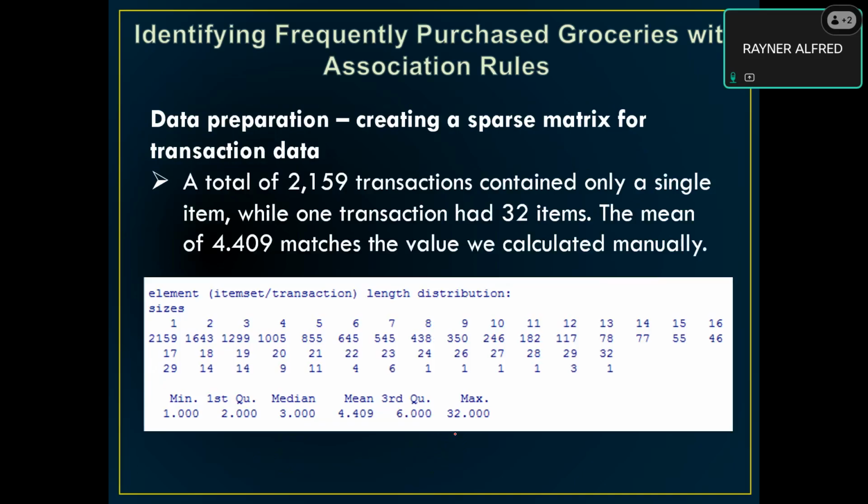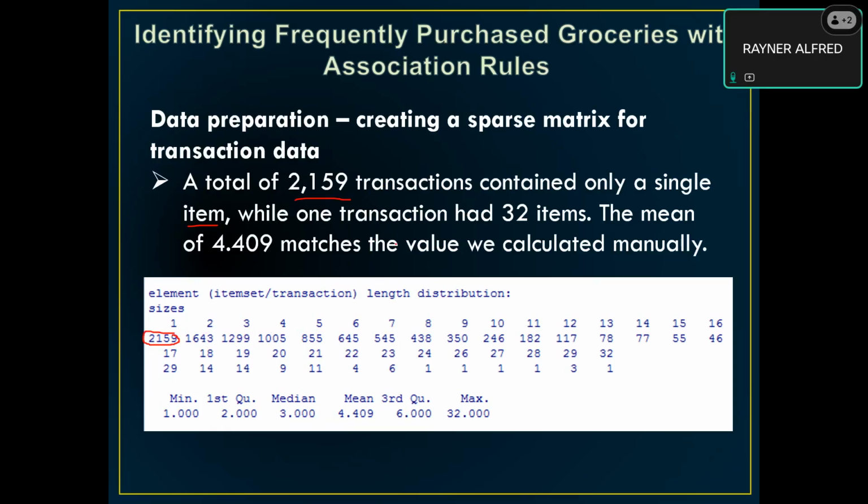For this one, we are looking at how we create the sparse tree. In this example, we have around 2,159 transactions that contain only a single item. Here we are looking at this one.